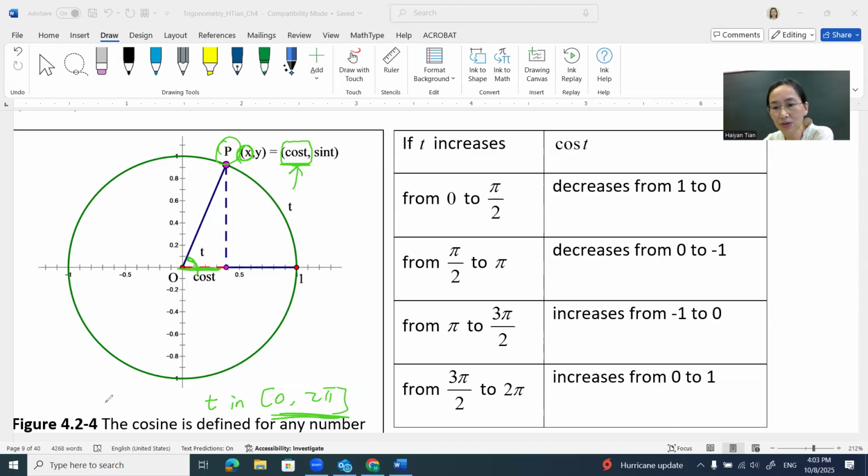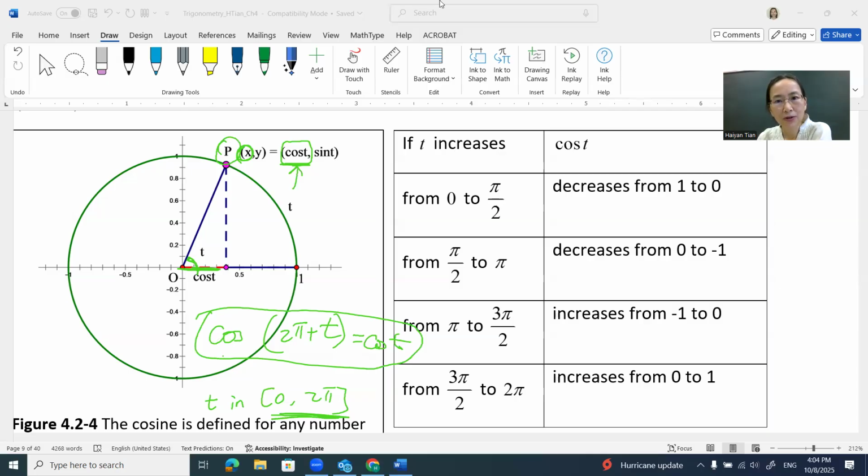But certainly it is also defined for any t bigger than 2 pi because, suppose you have a t in this interval, it is defined, then 2 pi plus t is just another angle that shares the same terminal side. So we know that cosine of 2 pi plus t will be the same as cosine t. So this is to say that 2 pi is actually a period of the cosine function.